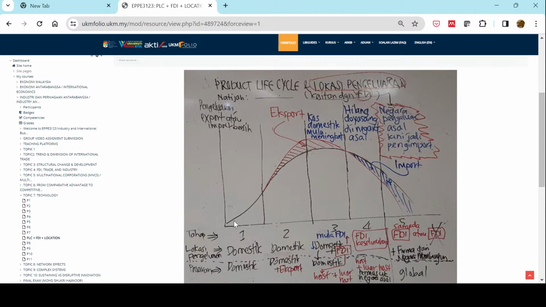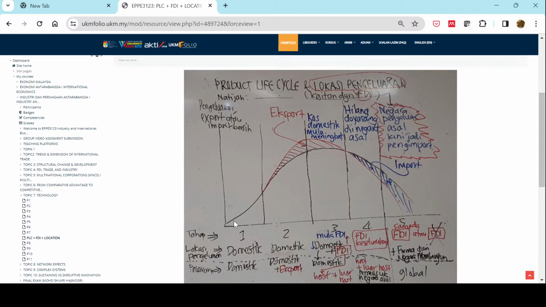So 2 locations of production, domestic and overseas.